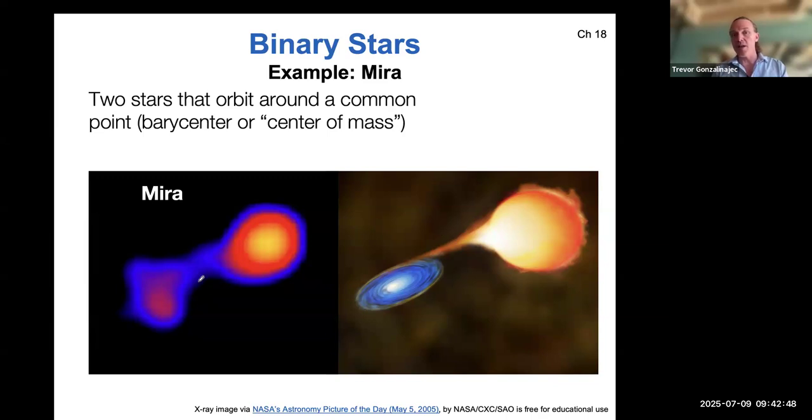There's a bunch of crazy stuff. This image is an X-ray image on the left, and on the right is just an artist's rendition of what is going on if you had a perfect view of it. Suffice to say, what is going on here is something we will talk about early next week.